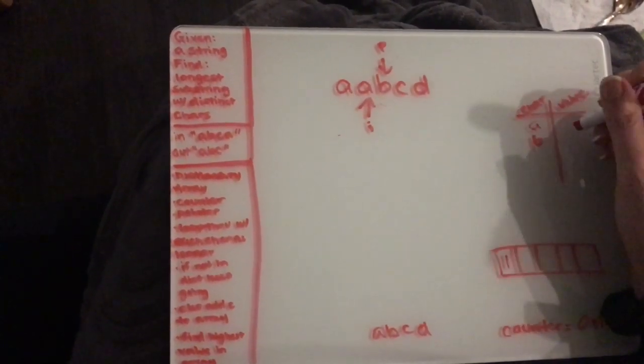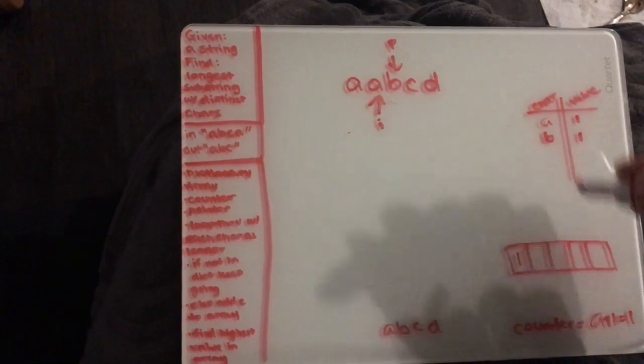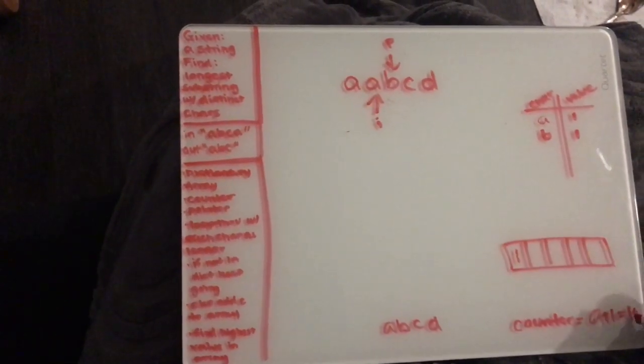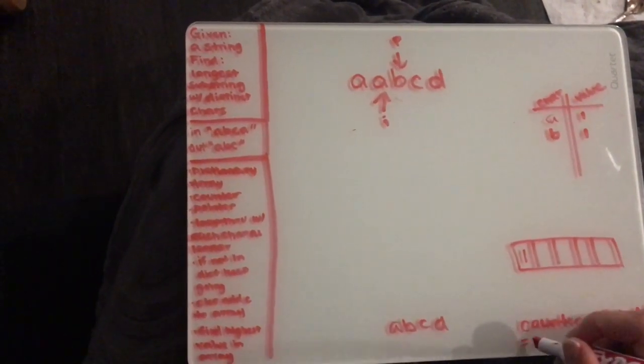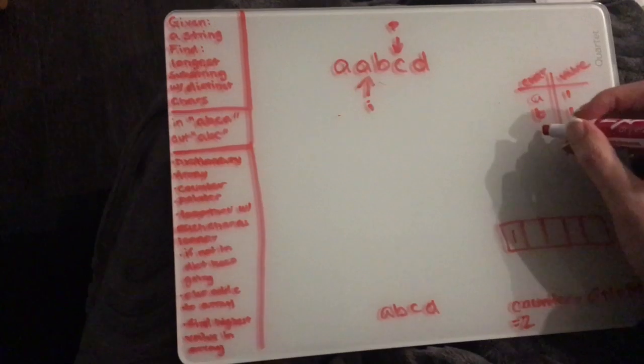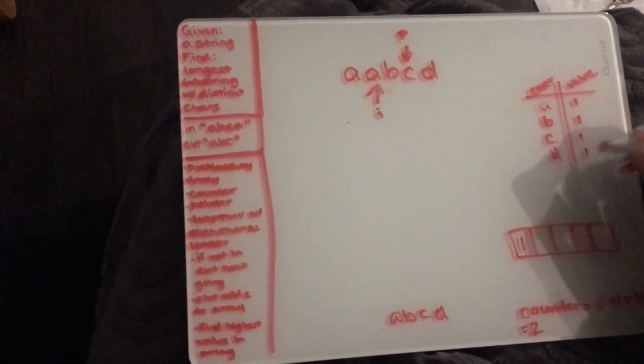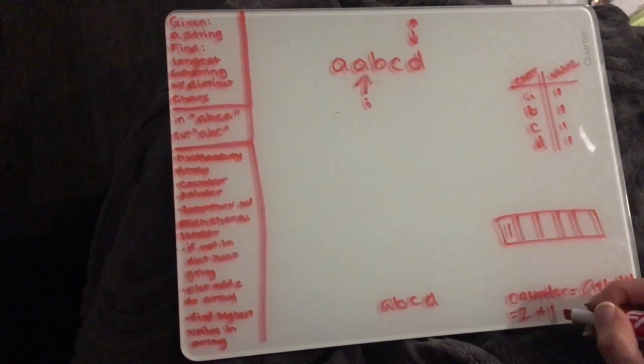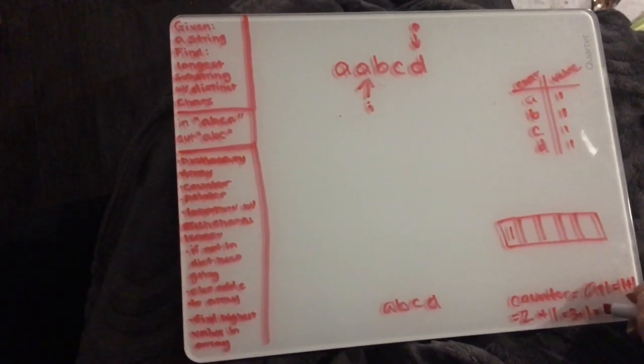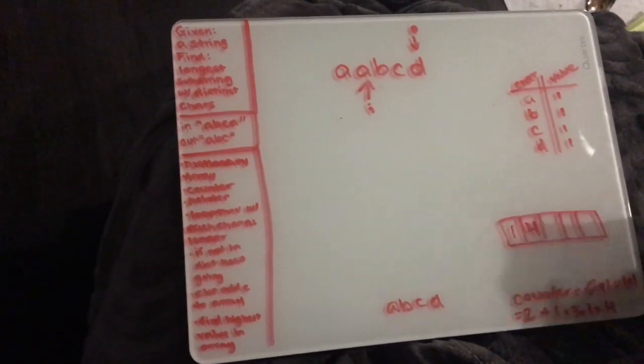No. We will add it. Increase our counter. C 1, D 1. Now there's no more left. So plus 1 equals 3, plus 1 equals 4. We will add 4.